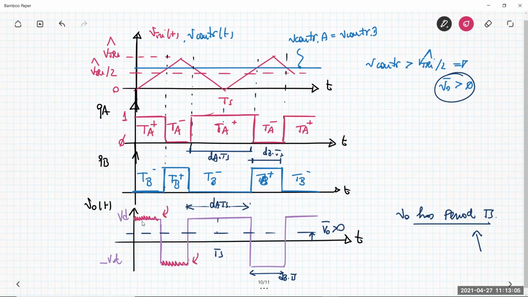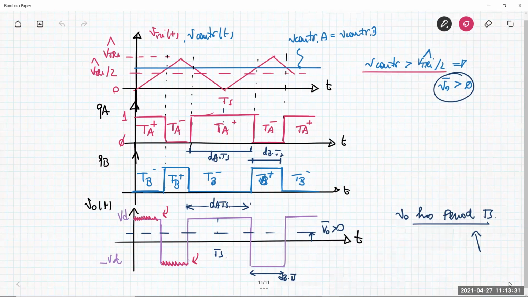So it is bipolar. This is not what happened in the unipolar pulse width modulator, in which, depending on whether the output voltage average value is positive or negative, you can have total positive voltage or total negative voltage. That situation was unipolar voltage. This is what happens for V control higher than V triangular peak.